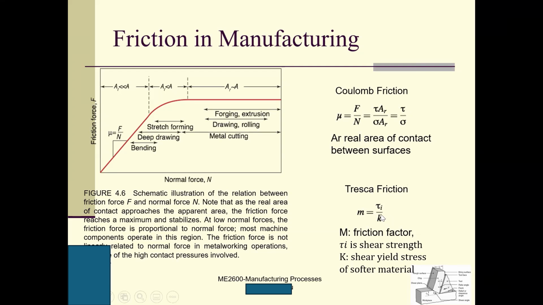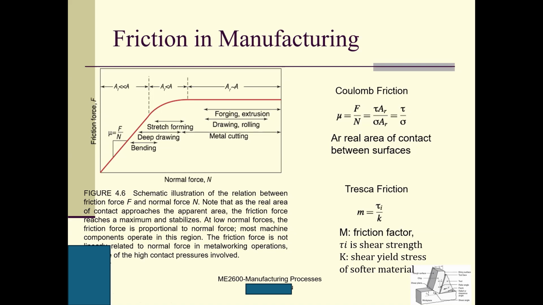Tresca friction is defined as the friction factor m times k. M is the friction factor, and k is the shear strength, right? Strength and stress are different, right? Strength is a material parameter. Stress depends upon the geometry and load.